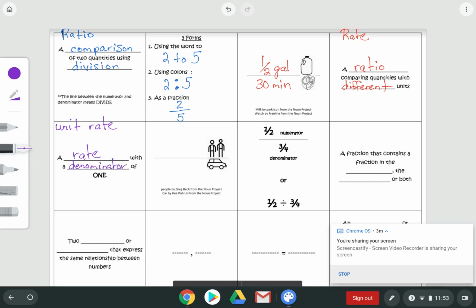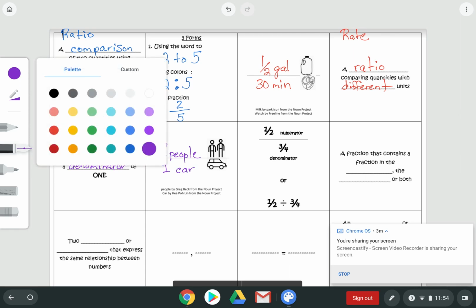And remember, when we have fractions, the number on the top of the fraction we call the numerator, and the number on the bottom of the fraction we call the denominator. So if you look, we have 2 people in 1 car. And that is the unit rate because the denominator is 1.